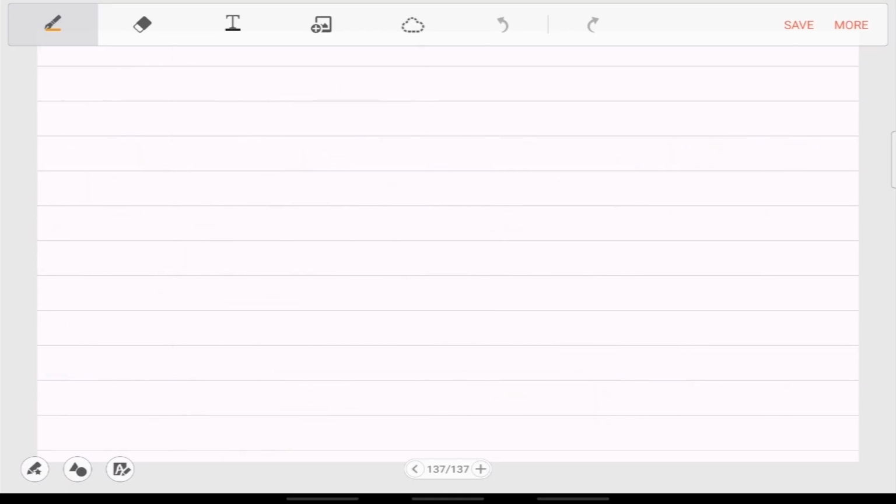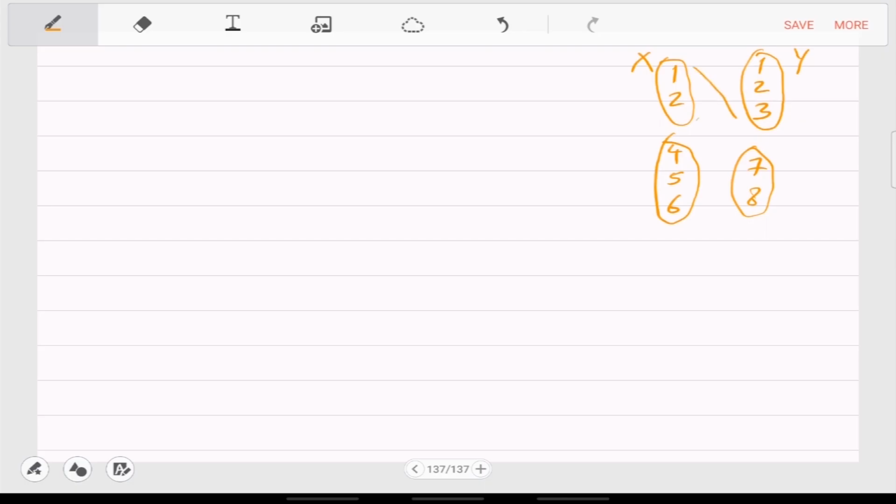let's draw this further. This is X, this is Y. All the connections are here, and all the connections are here.